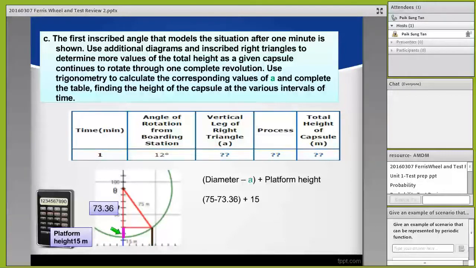To get the pink height, I use the diameter, subtract my A, and then I add the 15 platform height. Then you will get your total height from the ground.